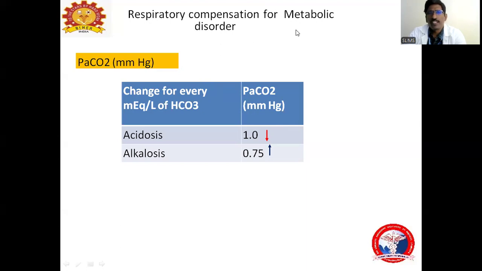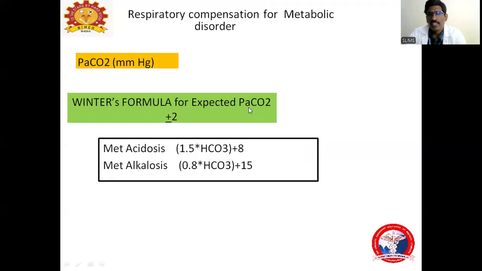And the respiratory system may compensate for the metabolic problem. How much to quantify? For a change of every milliequivalent of bicarbonate, in acidosis there is 1 mm of difference down, and in alkalosis 0.75 up. And there is another way to find the respiratory compensation, that is called Winter's formula.